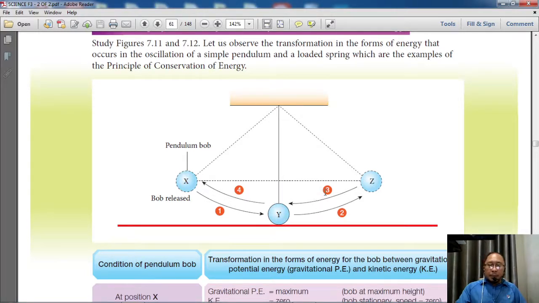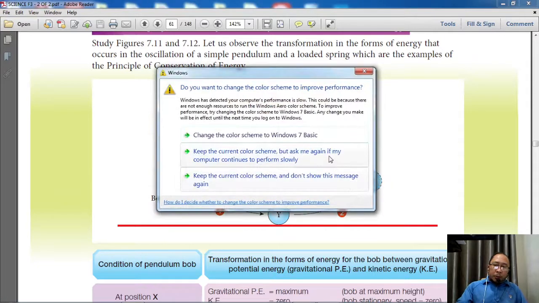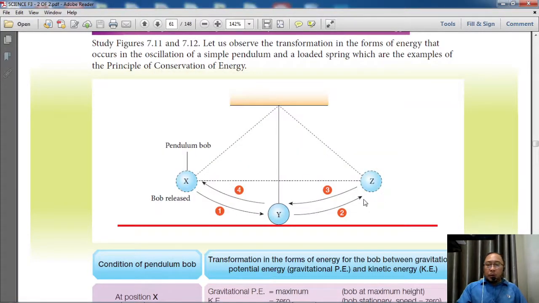So in this simple example given here, the potential energy will be converted to kinetic energy, in which the kinetic energy will make the pendulum bob move from left to right.